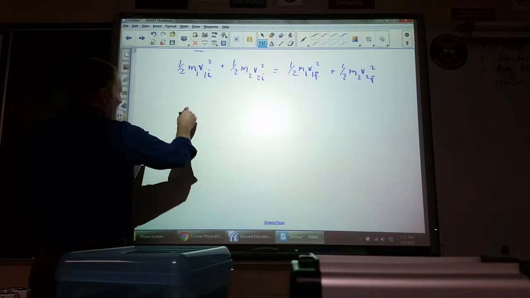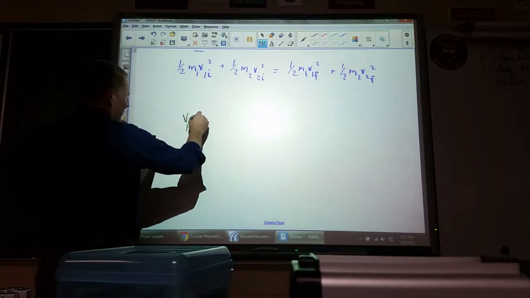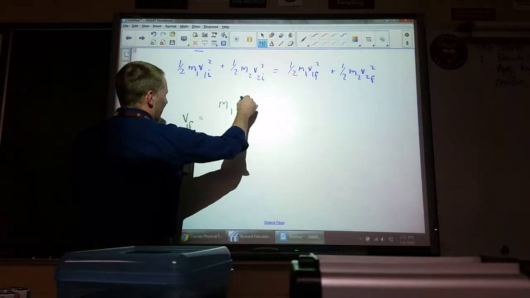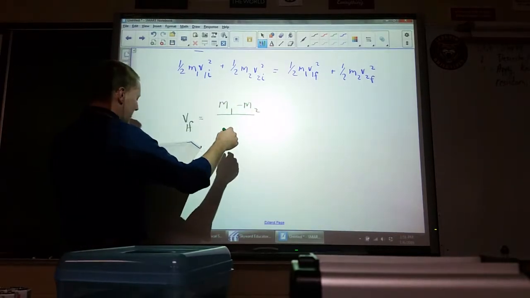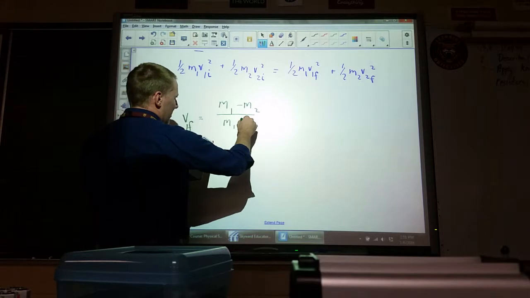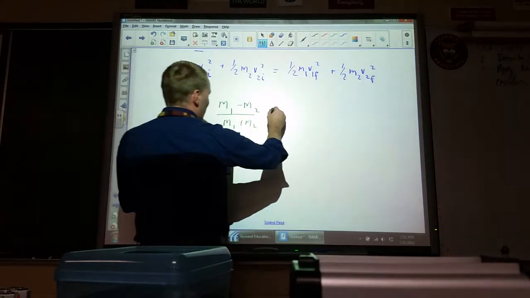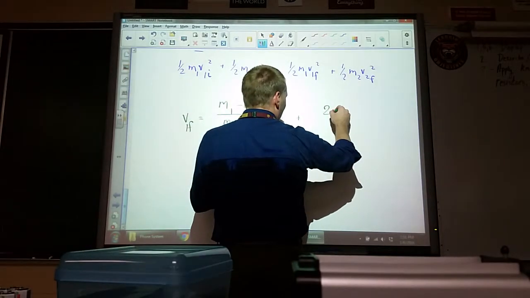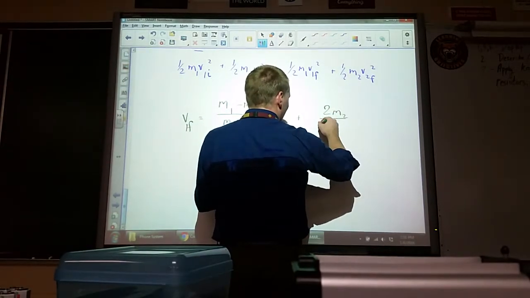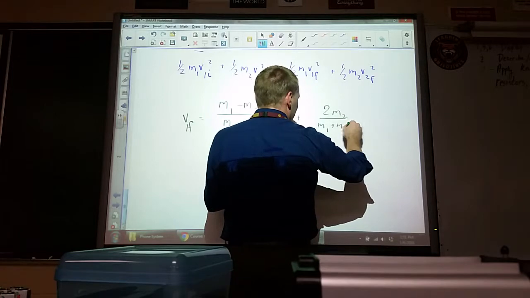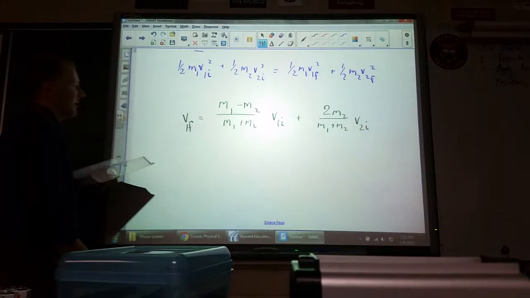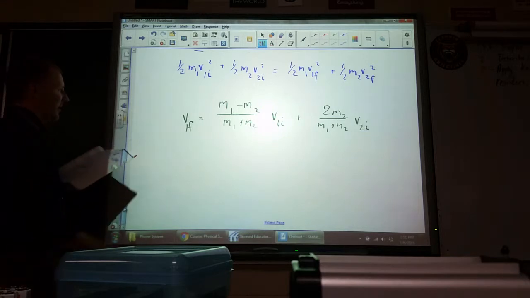If we want to find the final velocity of the first one, we take (m1 minus m2) over the sum of those 2 masses times v1 initial plus twice the second mass over the sum again times the second initial, v2 initial. That'll tell us how fast the first car is going.